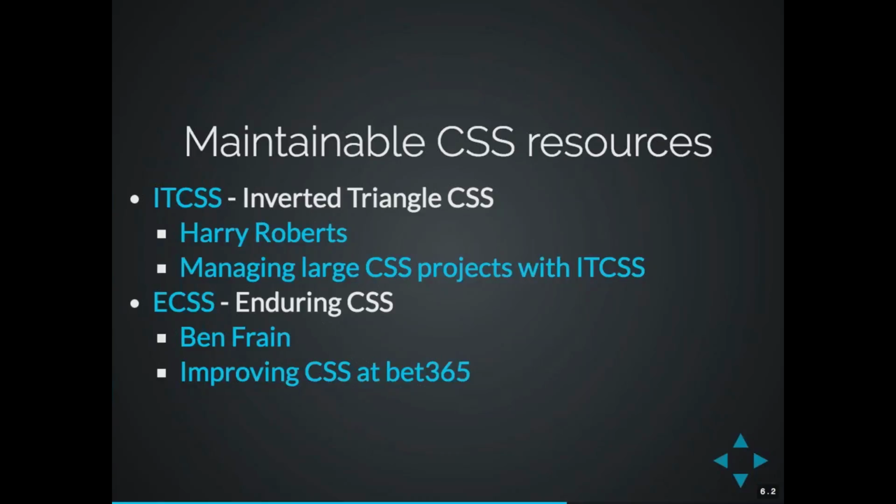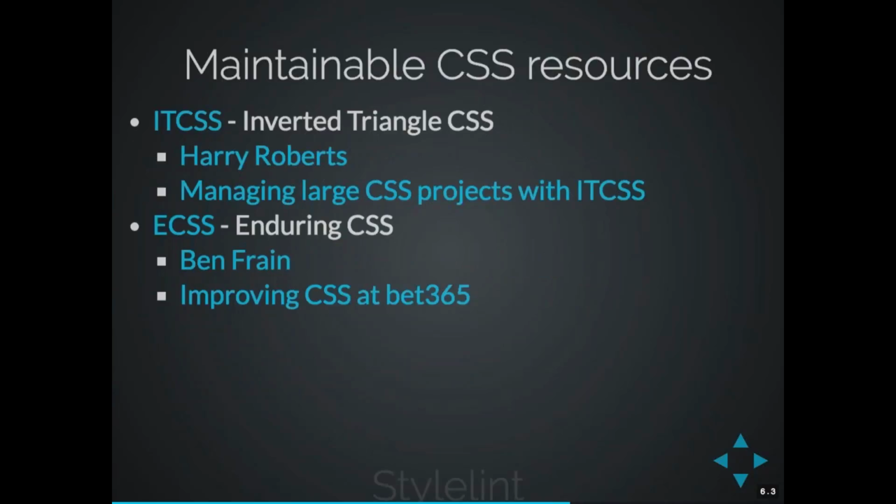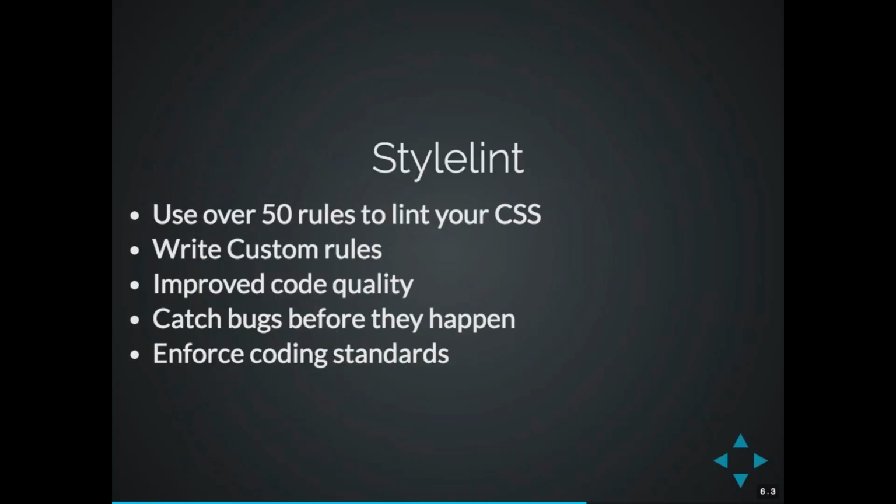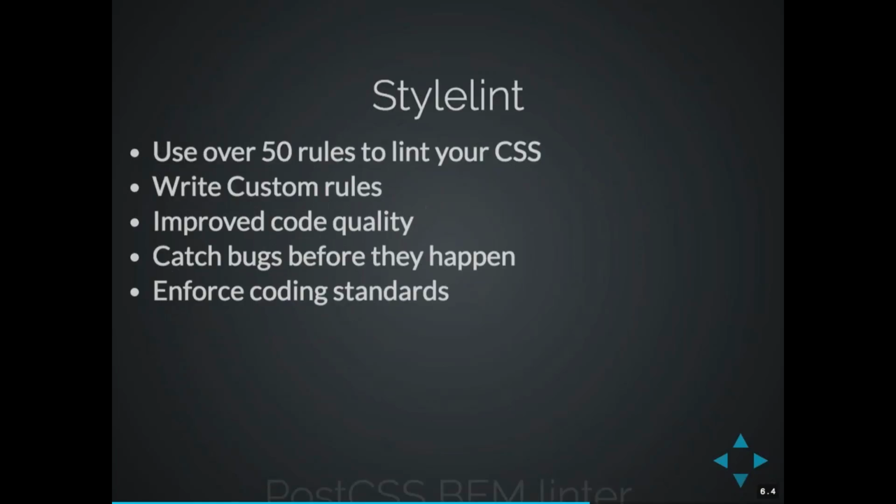Endurance CSS, I quite like. It's this guy, Ben Frain. He's writing quite complex web apps for Bet365, and he's using PostCSS, I think, and doing a lot of other things methodology-wise to make it easier. The big one I like is a PostCSS plugin which will help lint your CSS, so it makes it follow certain rules.